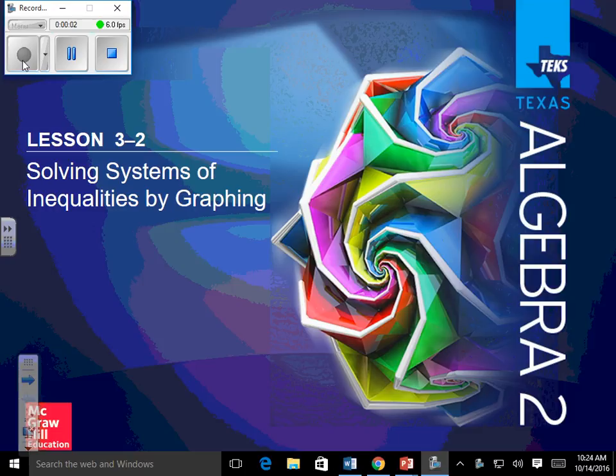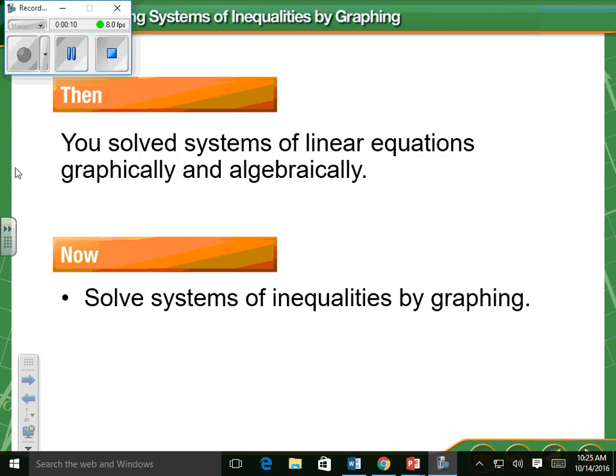This is the lesson on Chapter 3, Section 2, where we're going to solve systems of inequalities through graphing. In Section 3-1, we solved systems of linear equations using graphing, substitution, and elimination.